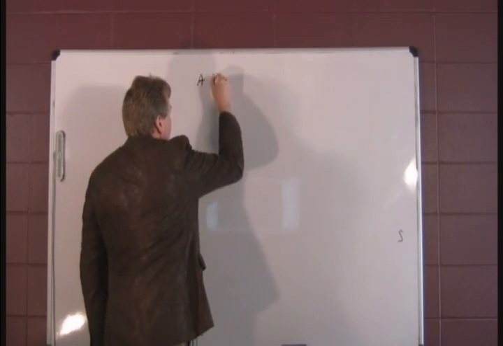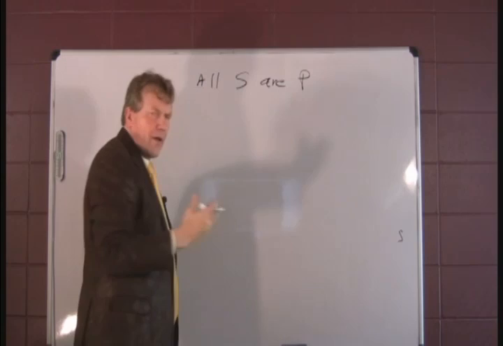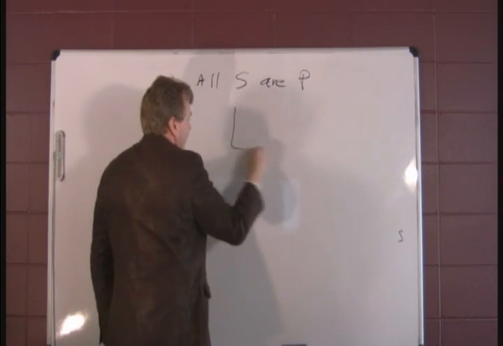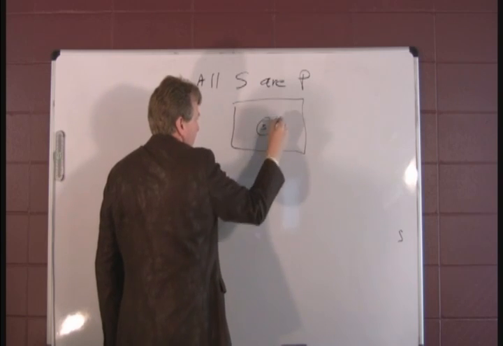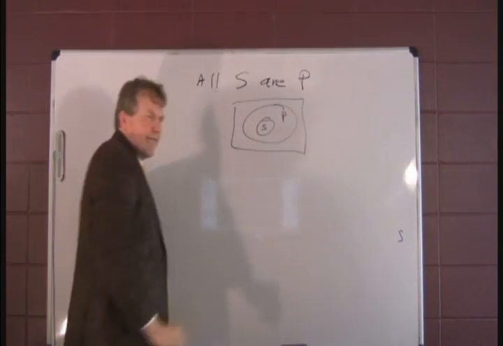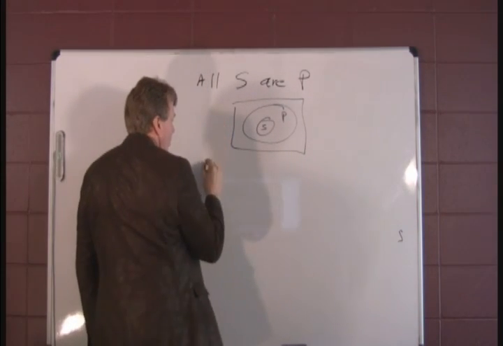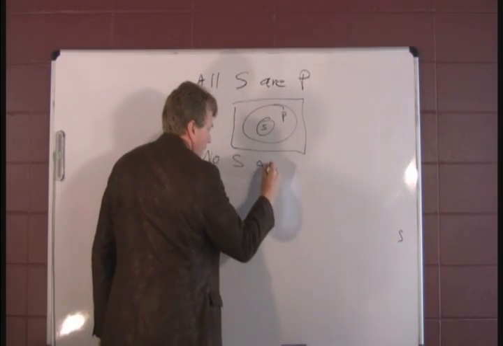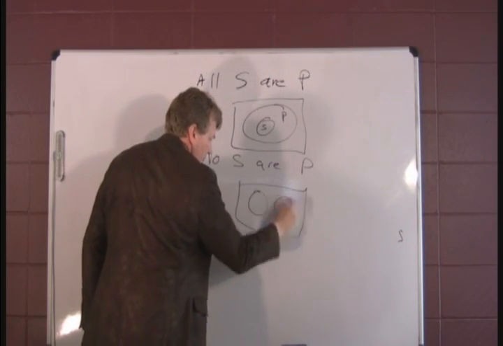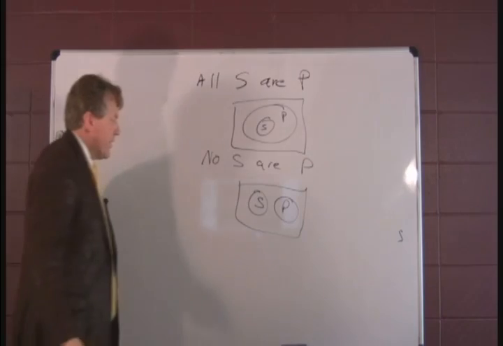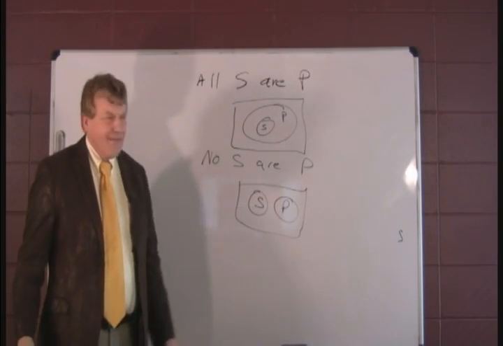Now, although Aristotle doesn't draw this out with Euler or Venn diagrams, it is kind of easy to see these things if we think about them as sets, of course. All S's are P is just that, right? No S's are P is just this, right? You have disjunct sets. So you can certainly see why that would convert, right?